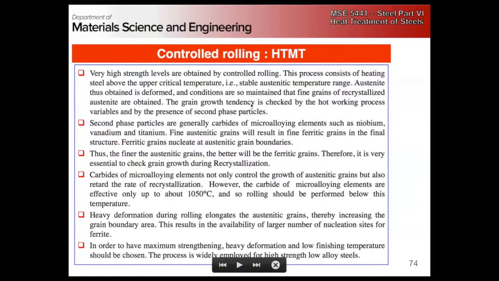We're going to check the grain growth by both the deformation processes and, importantly, by the presence of second phase particles. So we have to know what our alloying elements are and make sure we're below the solvus for any secondary phase reinforcing particles of interest. Super important are the strong carbide formers: niobium, vanadium, titanium, zirconium.